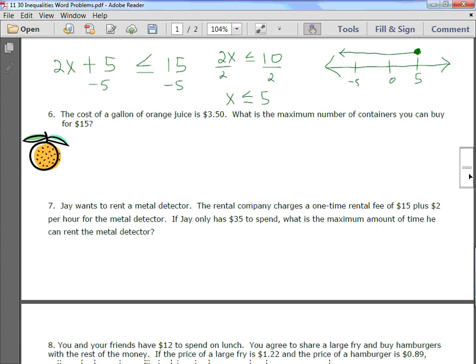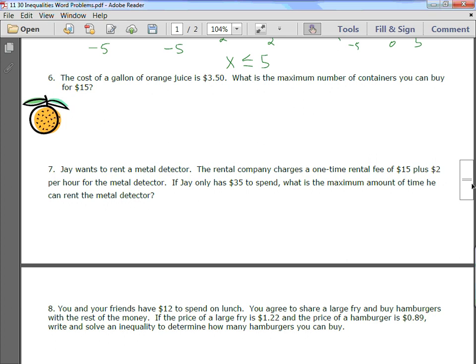Number 6. The cost of a gallon of orange juice is $3.50. What is the maximum number of containers you can buy for $15? So the maximum number of containers means I can't buy more than $15 worth. And there's $3.50 per container.